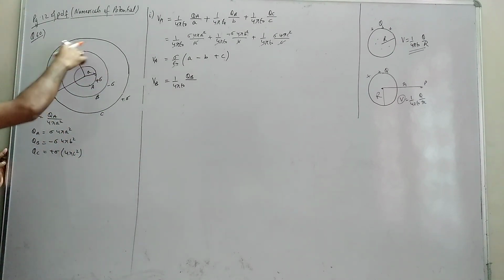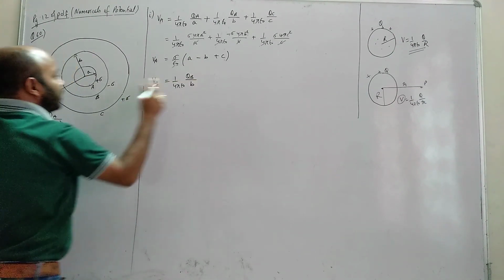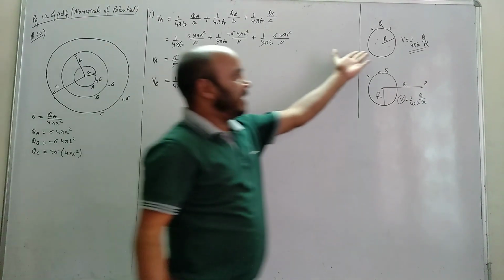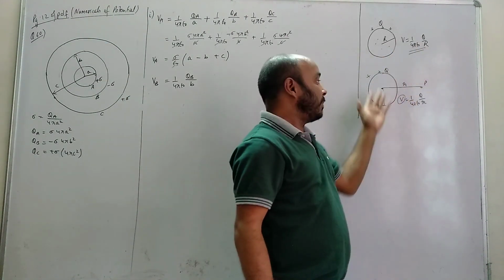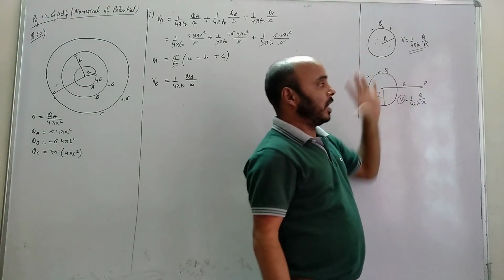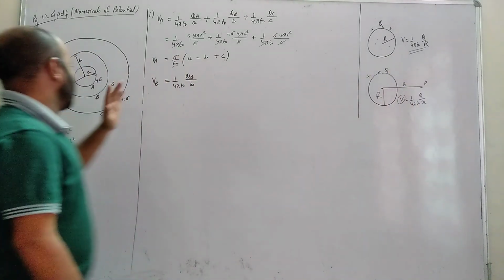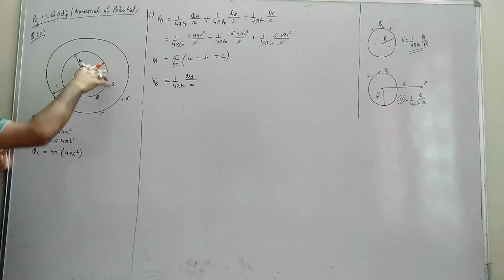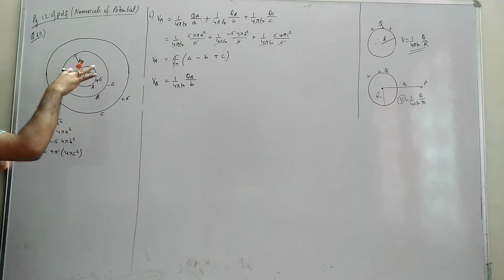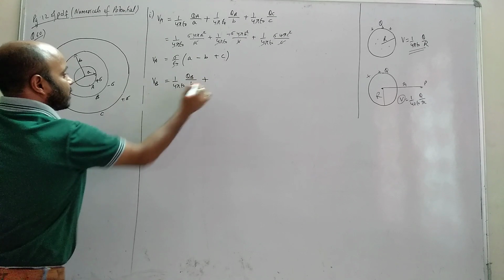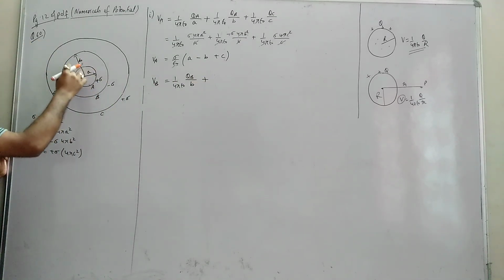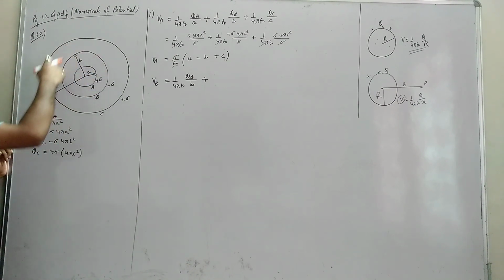Its potential will be radius B. On its surface we have to put the radius, and outside we have to put the distance. You just have to understand this: on the surface put the radius, outside put the distance. So due to this QB on its own surface, the potential is this. Plus, due to the charges on A, that is QA, there will be some potential at B.